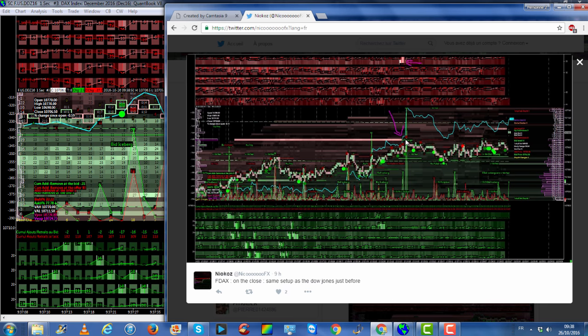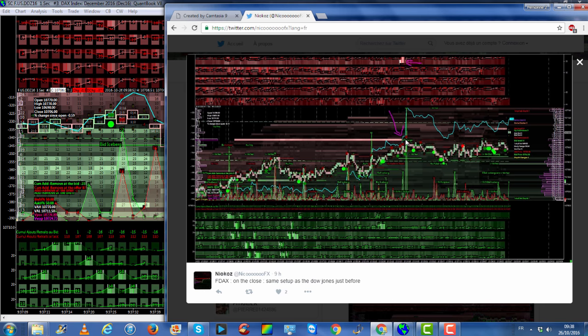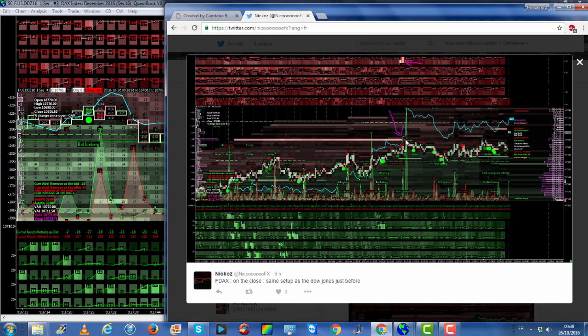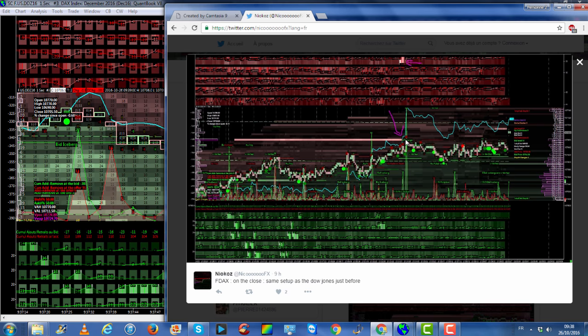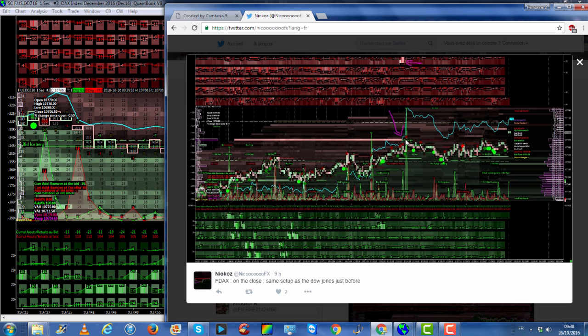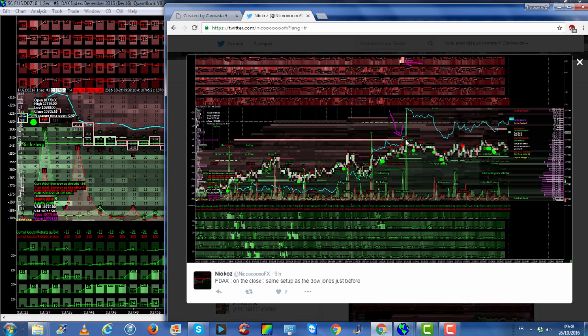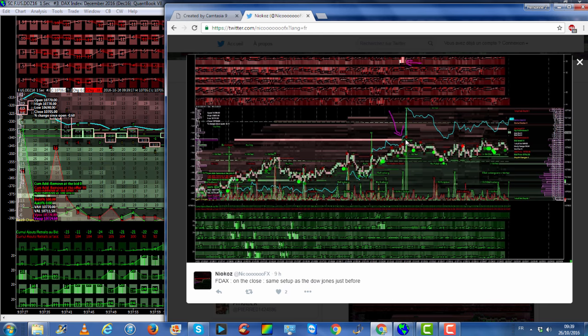But it's not only the size which is important here. It's also the speed of execution, the speed of how this big limit order at the offer was filled.